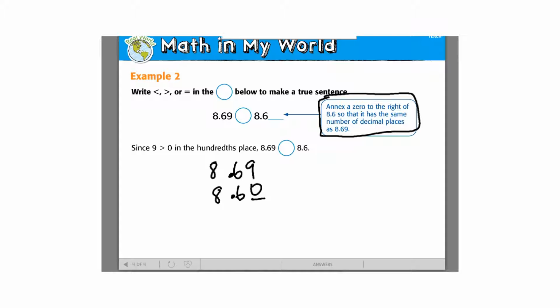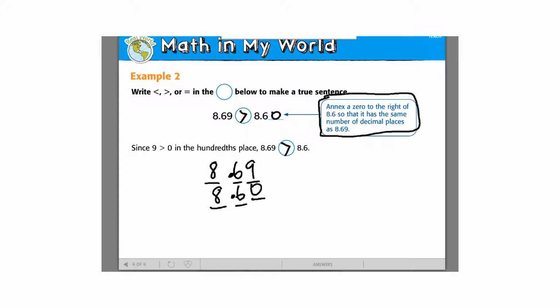I didn't change the value of the number by adding that 0. So now I can compare 8s with 8s, 6s with 6s, and 9 with 0. So if I add my 0 here, that means that 8 and 69/100 is larger than 8 and 6/10, or 8 and 60/100, because those are equal to the same amount. So we're going to put this sign right here.